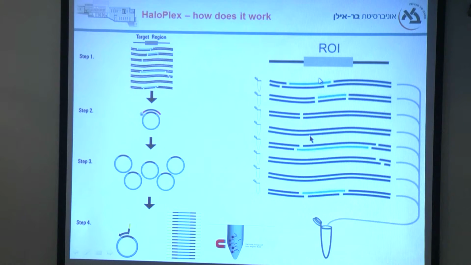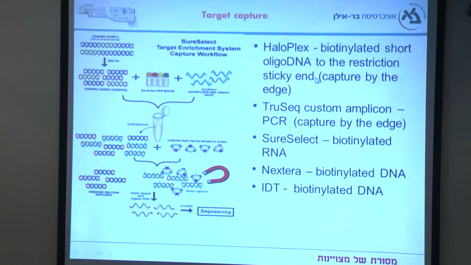And the same problem applies to PCR. So the advantage of using sonication or fragmentation is that the edges of the sequence are random, and then the next step is to capture the region, and there are many ways to do that as well.